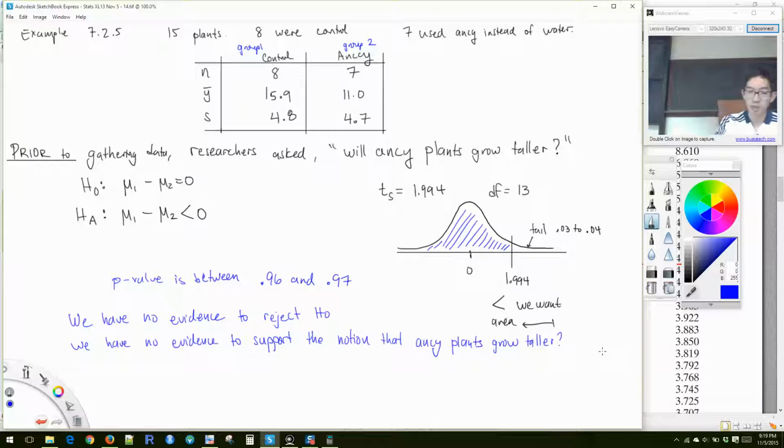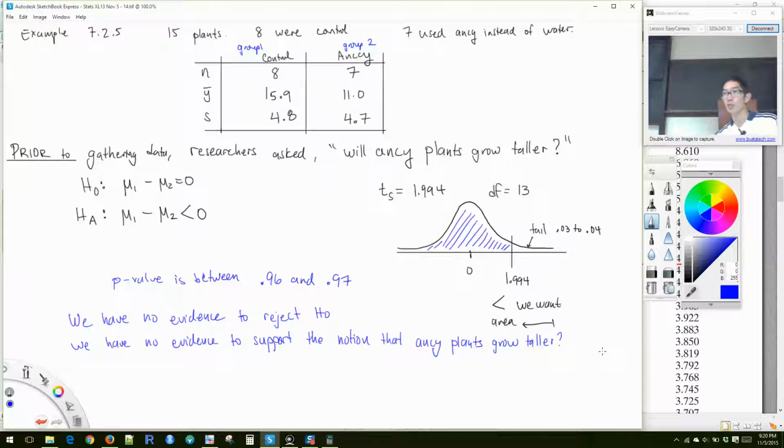Remember, our p-value is the probability of observing our data or something more extreme if the null hypothesis were true. In our case, more extreme would be data where the ANSI plants grow taller than what we observed.